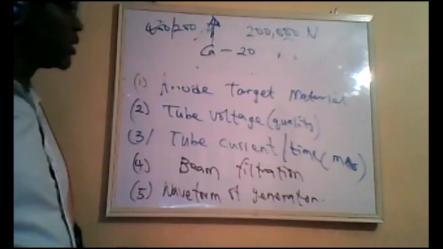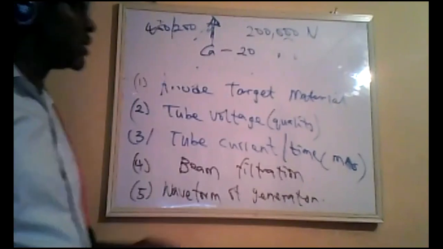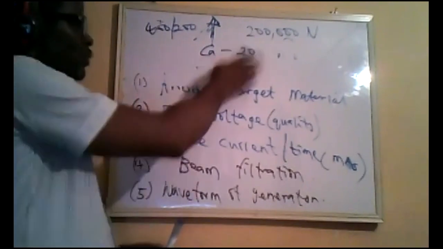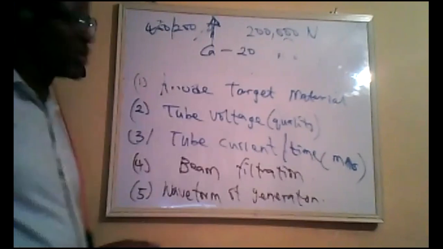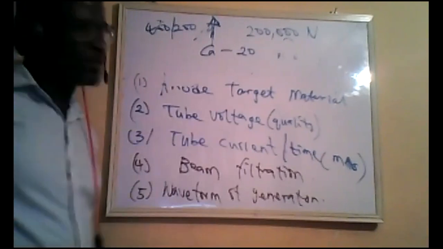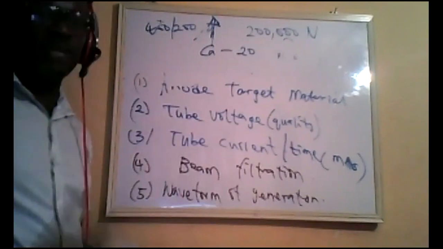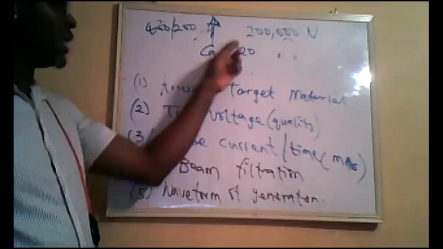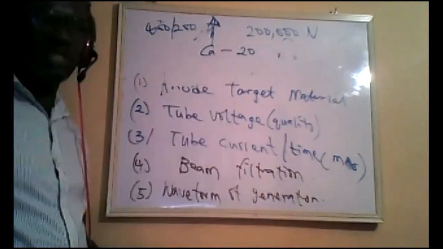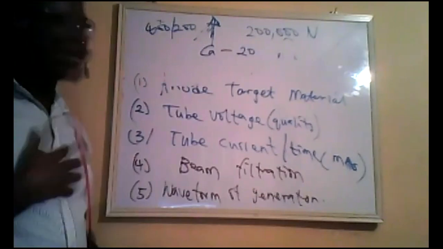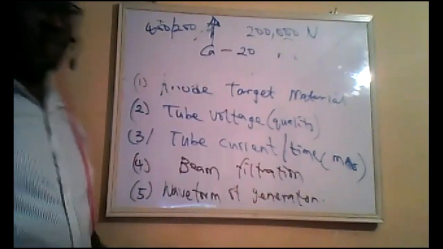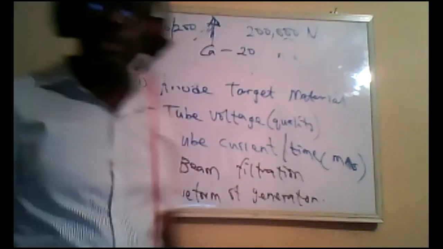Of course, it's going to give you some X-rays, but the ones it will give you will be low energy X-rays, which will not be useful for imaging, because the energy coming from this calcium will be low. They will just be absorbed inside the body, and they may not reach the detector.